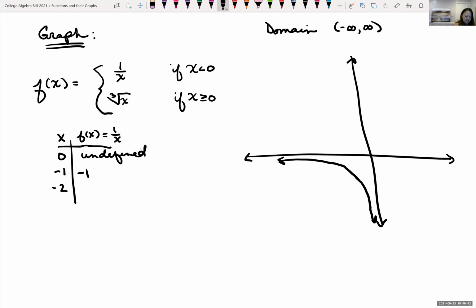If I plug in -2, I get -1/2, -3, I would get -1/3. If you plug in any number that is between -1 and 0, those are going to blow up. So like if I plug in -1/2, 1 over -1/2, that flips it, which gives me -2. If I did -1/100, that would give me -100. So we have this shooting down to -infinity as we get closer and closer to 0 on the left.